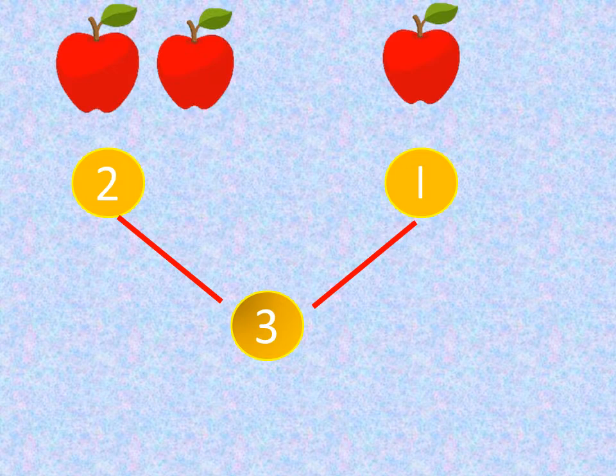So now we write this as 2 plus 1 is equal to 3. Plus mark and equal mark are replaced instead of and make.